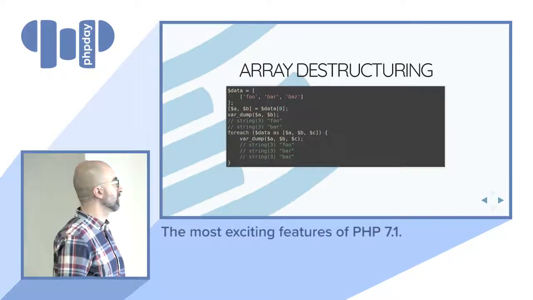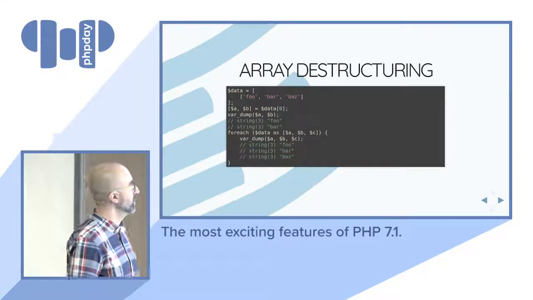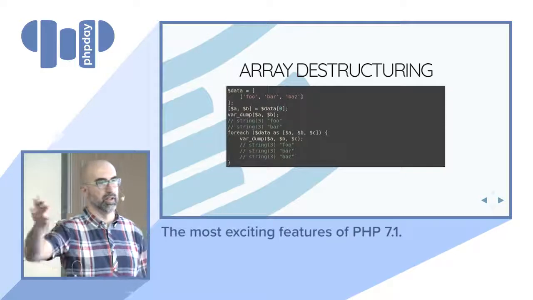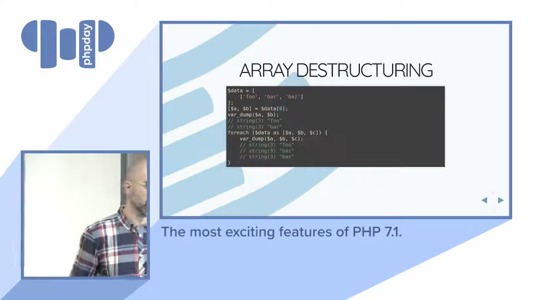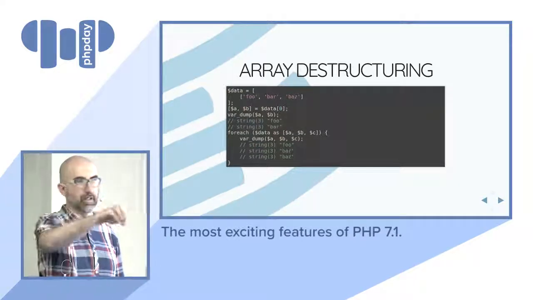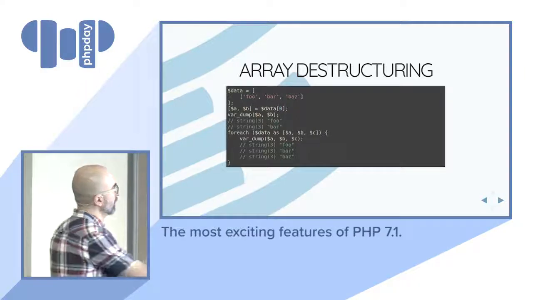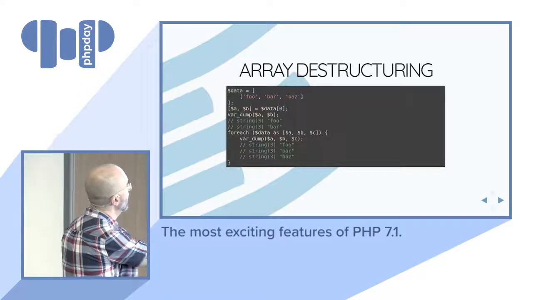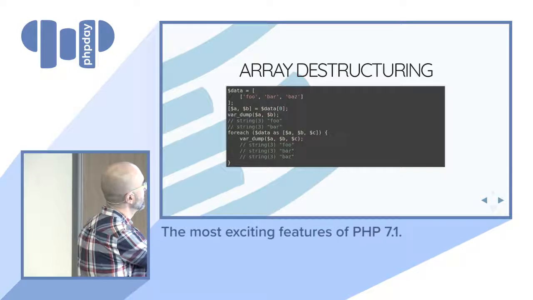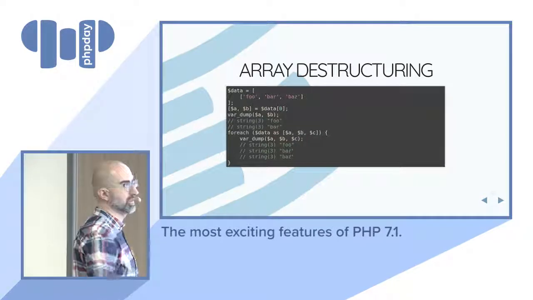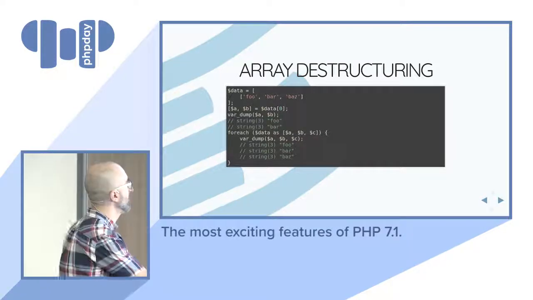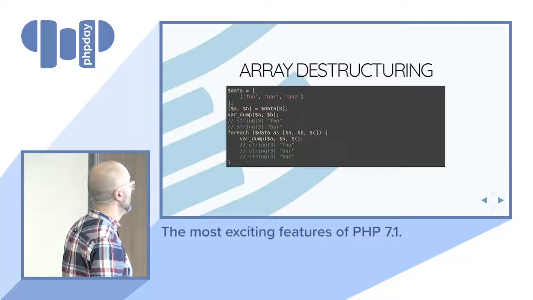Okay. So basically, it's a function that gives you the ability to take objects from an array and put them in a variable. So for instance, we have an array here, $data, that contains one element that is itself an array of 3 elements, foo, bar, and buzz.